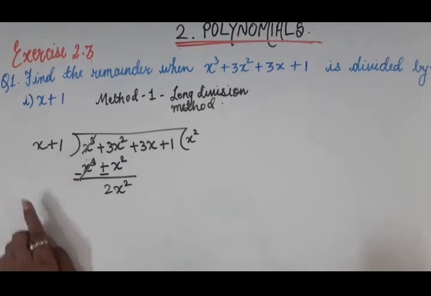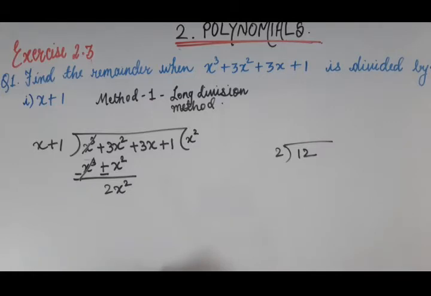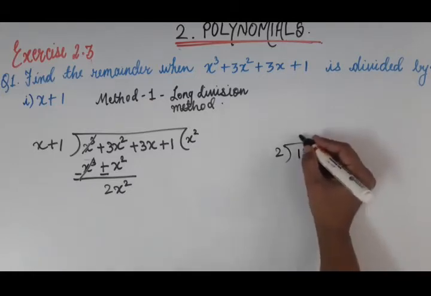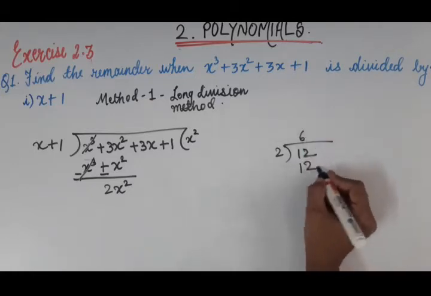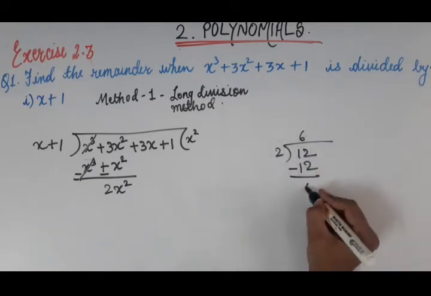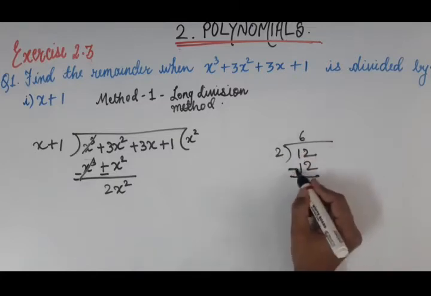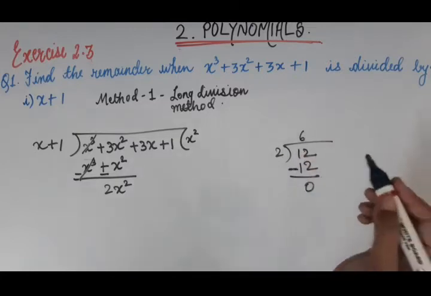Now don't get confused about why we are changing the signs. We are doing what we do in the conventional division method. Suppose I want to divide 12 by 2. So 2 sixes are 12. I have to multiply this 2 with 6 to get 12, and the remainder is 0. Now what I did here, 2 into 6 is 12, I have simply changed the sign, but only with numbers.